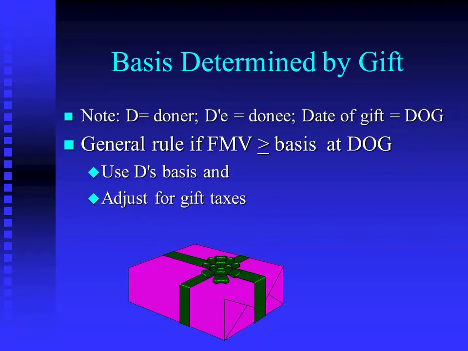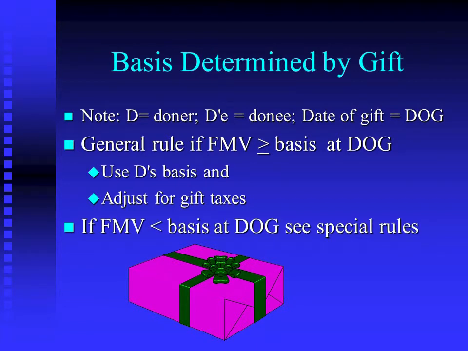So let's move there and see what that looks like. So remember, if fair market value is less than basis at date of gift, we are on a separate set of slides because we cannot pass our losses directly to our inheritors.